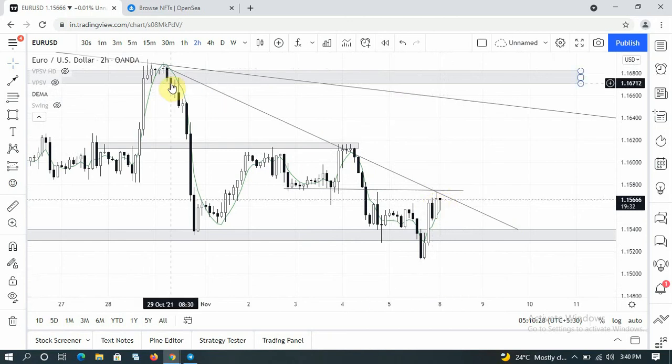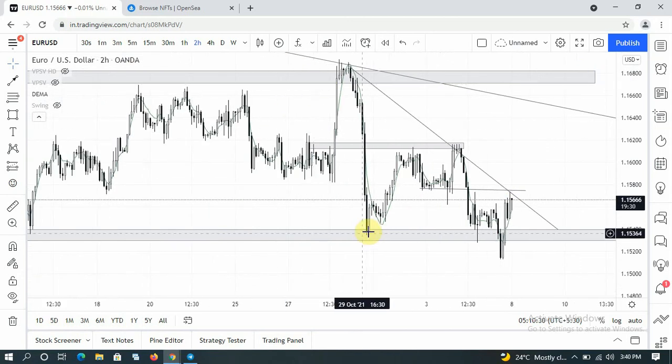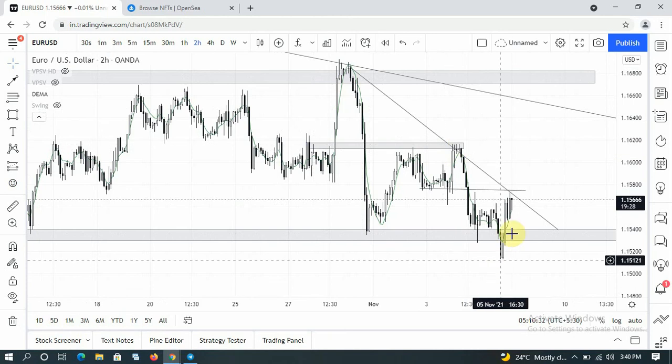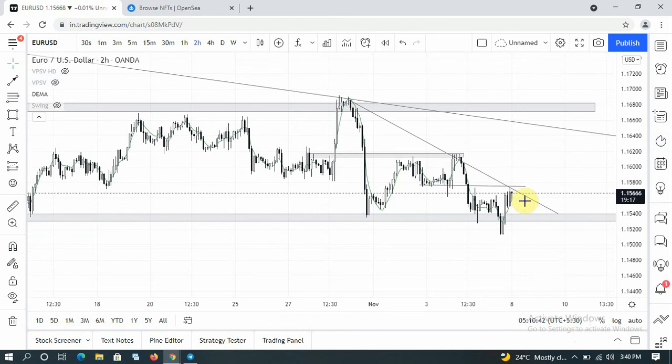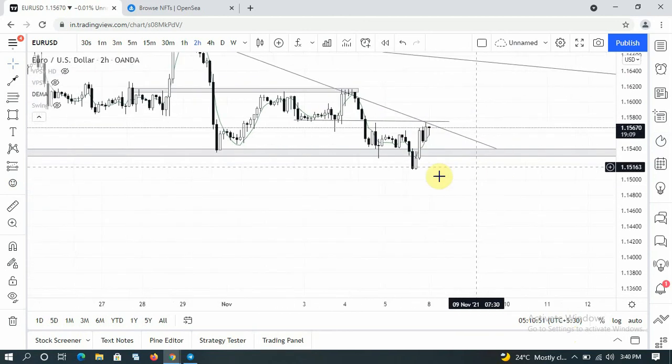Or the market can just continue bearish, as we have these lower lows, lower highs, lower lows. We might be expecting a lower high, then new lower lows, and guess what, we're just going to break this daily support right here. If the market goes bearish and breaks this daily support, then we're looking at a long-term sell.